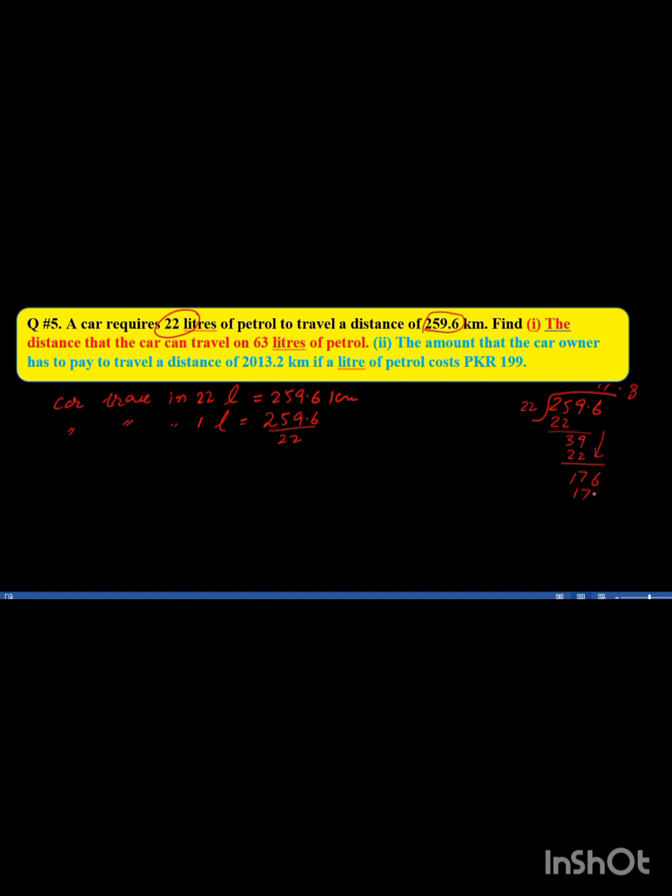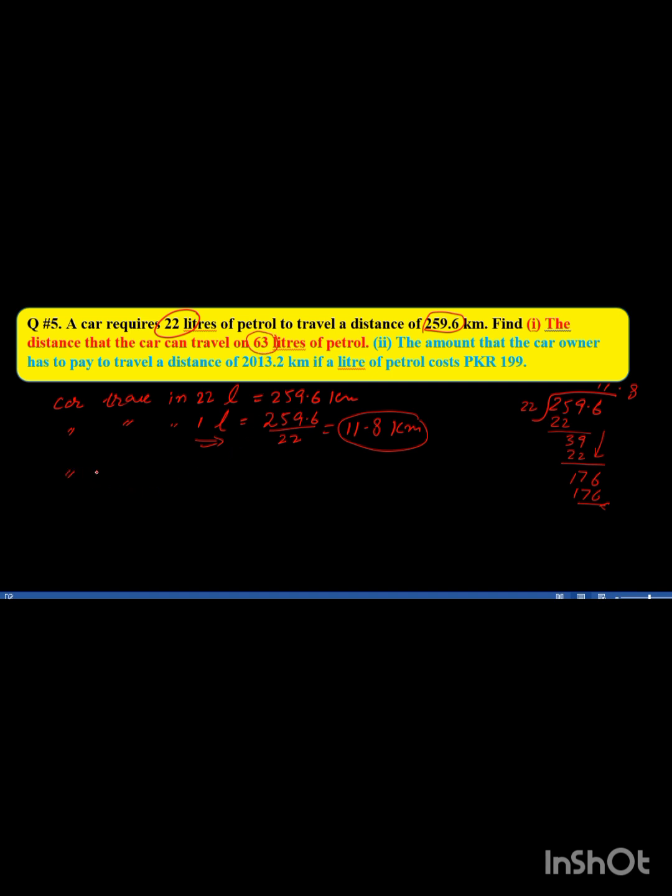So 176 is your answer. Means your answer is 11.8 kilometers. Means in 1 liter the car travels 11.8 kilometers. Clear? And we have to find how far it travels in 63 liters.